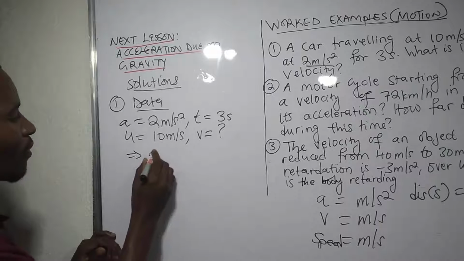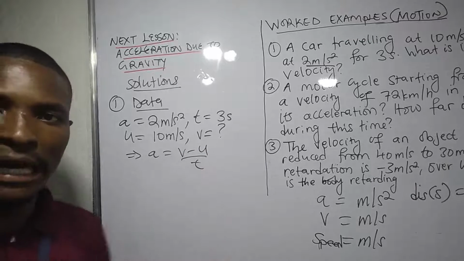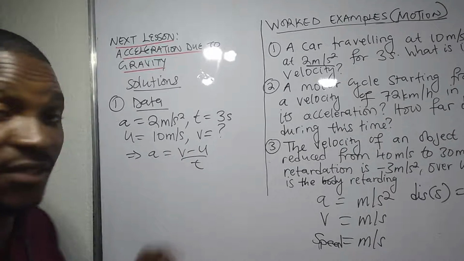Okay, so now having those data from the question, we can begin. The formula will be acceleration equals v minus u over time. Now remember, they are asking us to find the final velocity.